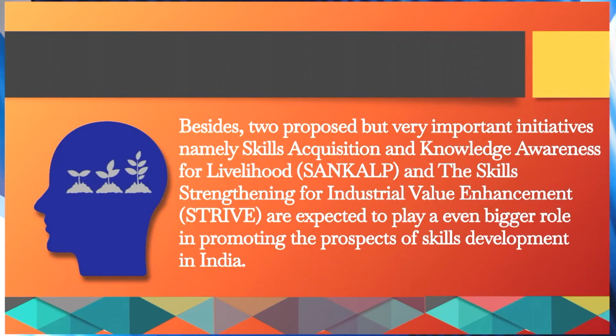Besides, two proposed but very important initiatives, namely Skill Acquisition and Knowledge Awareness for Livelihood, abbreviated as SANKALP, and Skill Strengthening for Industrial Value Enhancement, abbreviated as STRIVE, are expected to play an even bigger role in promoting the prospects of skill development in a country like India.